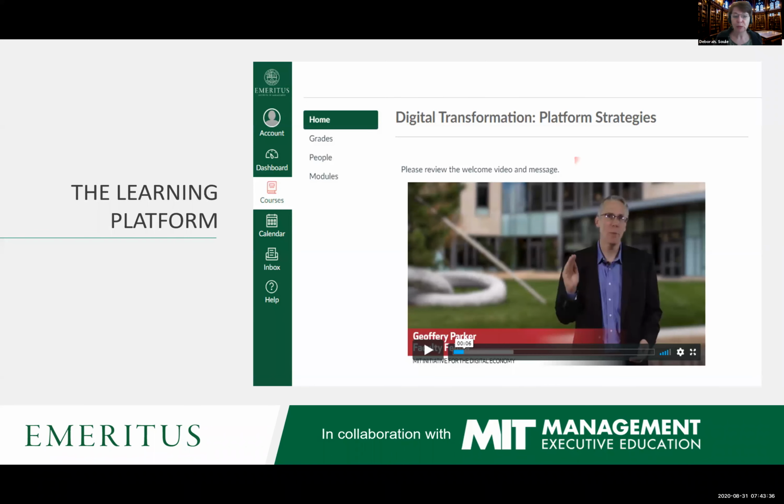This will give you a little sense of the platform we use, which is another example of a platform business. We use the learning platform provided by Canvas, which is a platform that enables course producers to deliver their courses to course participants. Those are the two sides of using the platform. Generally, this is the sort of view that you'll see.